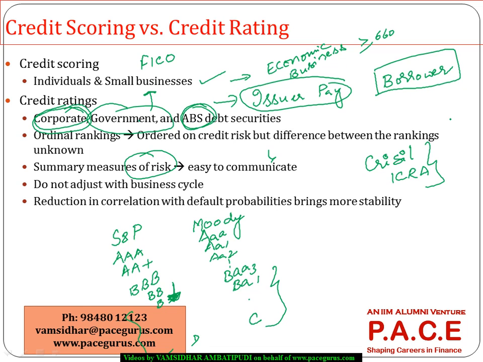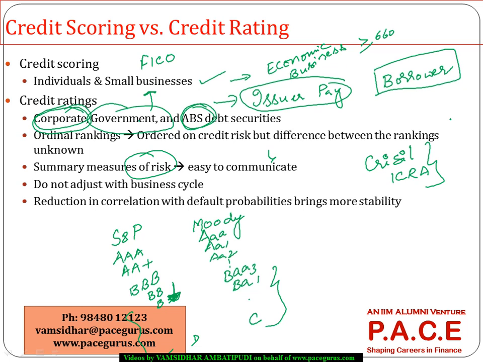Because with the economy, there is a possibility that the correlation with the default probability could be either higher or lower. But if I am reducing that correlation, then obviously the rating would be more and more stable. So the reduction in the correlation with the default probability is one of the main weaknesses of this credit rating model. And as I said, this will not adjust with the business cycle, because they have made it more and more stable.